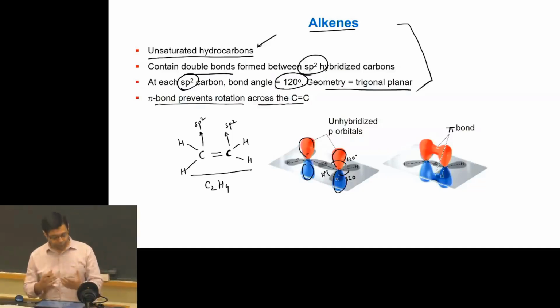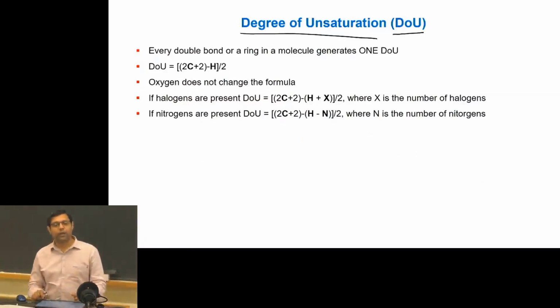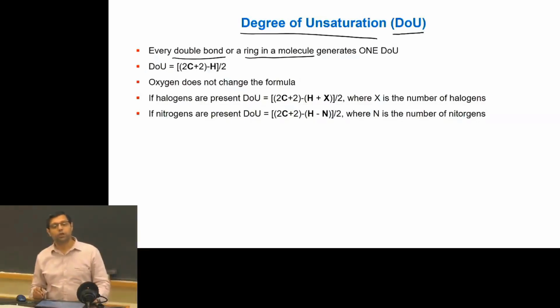Now the first concept you're going to learn in this chapter is degree of unsaturation, abbreviated as DOU. To simply define what is degree of unsaturation, it's nothing but the combination of a pi bond and a ring in a molecule. So every pi bond and every ring adds 1 degree of unsaturation in a molecule.